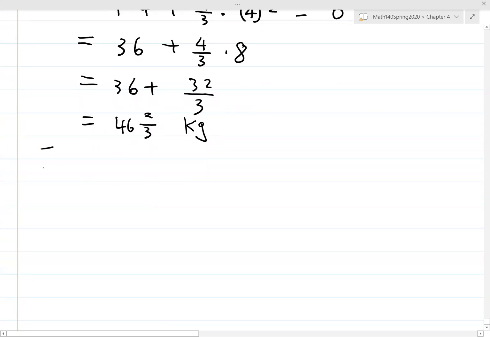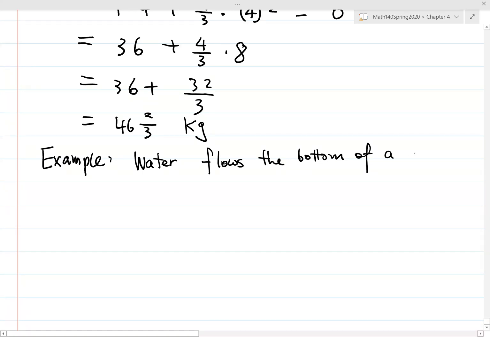Another example. Suppose water flows from the bottom of a storage tank at a rate of r(t), which is 200 minus 4t.